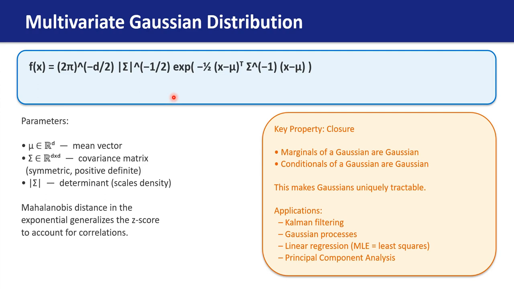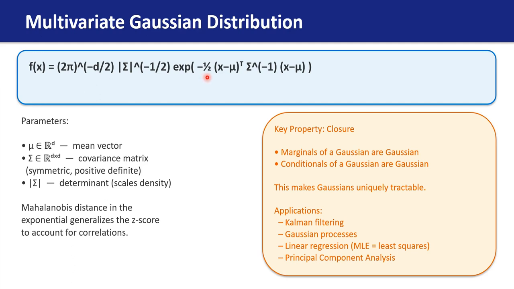If the variables are very spread out, the determinant is large and the density is lower everywhere. The term in the exponential is a distance measure. It generalizes the z-score. Instead of dividing by variance, we multiply by the inverse covariance matrix, which accounts for correlations.